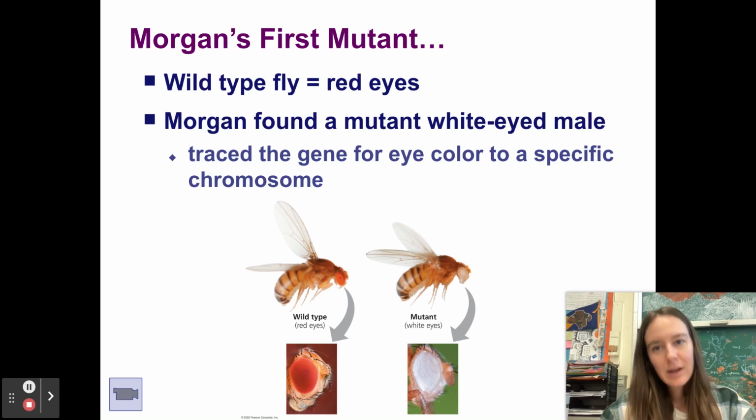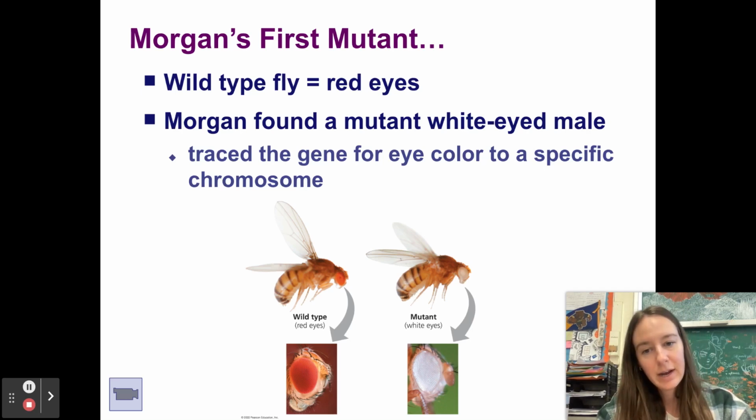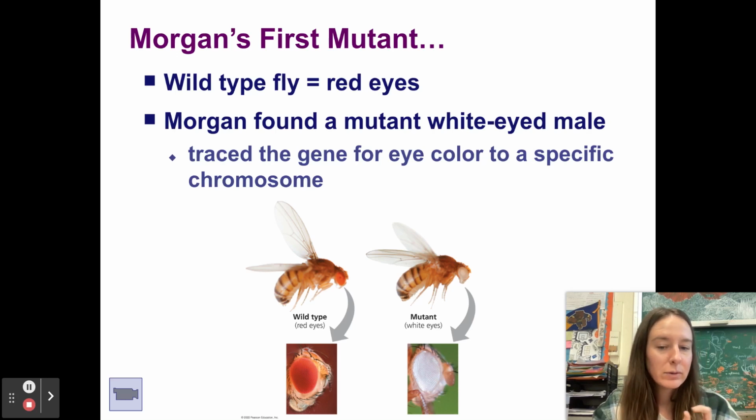And one day, Morgan was looking at his fruit flies and he found one fruit fly that did not have red eyes. It actually had mutated eyes. So their chromosome actually had mutated. And he was able to look at the chromosome and see which chromosome had changed between the red eye and the white eye fruit flies. And he was able to connect that gene to a specific chromosome and say, oh, here's where the change is.